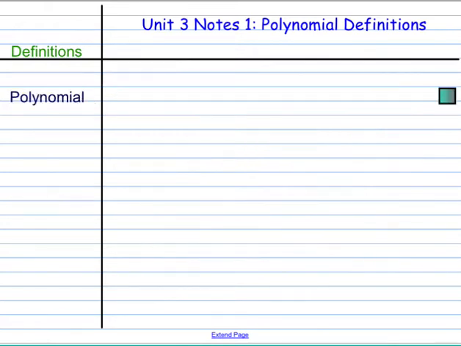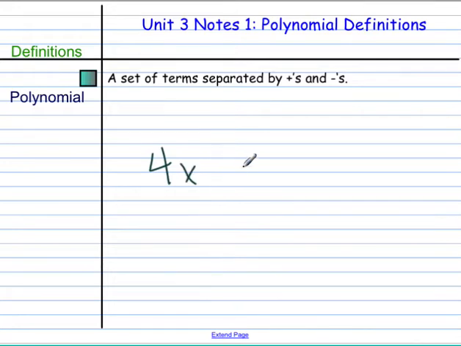Next, let's take a look at a polynomial. We've been working up to this thing called a polynomial, and that's what this unit is going to be on. A polynomial is a set of terms separated by pluses and minuses. All we're going to do is take a bunch of terms and separate them by pluses or minuses. For this one, for example, I have 3 terms because they're separated by pluses and minuses.